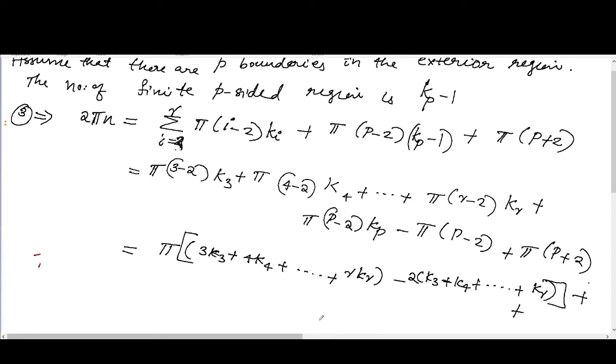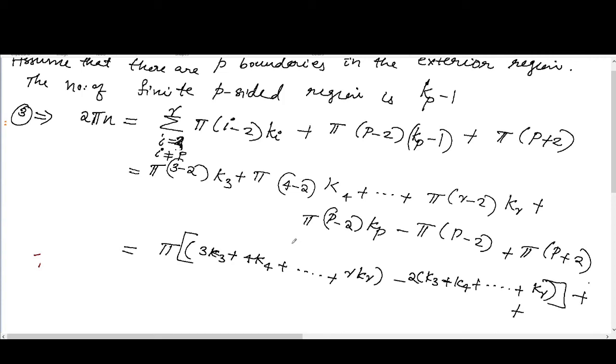Okay. So here we consider the terms like this. First we group the terms. Pi into, here we consider the terms i not equal to p. Then you will have i varies from 1 to r, pi into i minus 2 into ki.